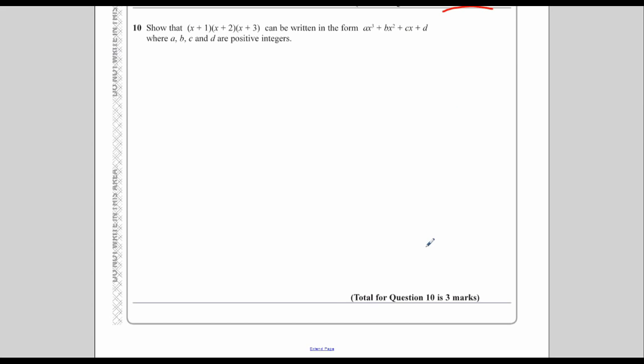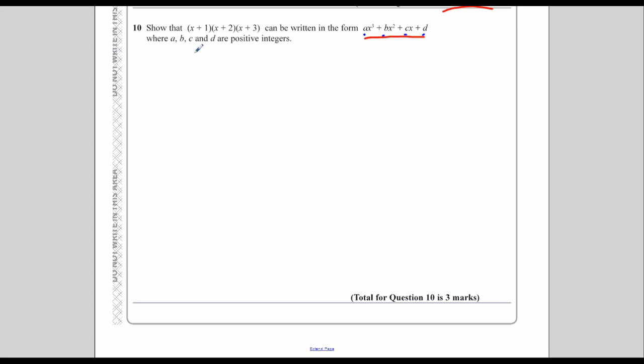Question 10. Show that x add 1 times x add 2 times x add 3 can be written in this form. I tell you what, don't get yourself too worried about this question. It looks horrible, but all it means is you want a number times x cubed, add a number times x squared, add a number times x, add a number.